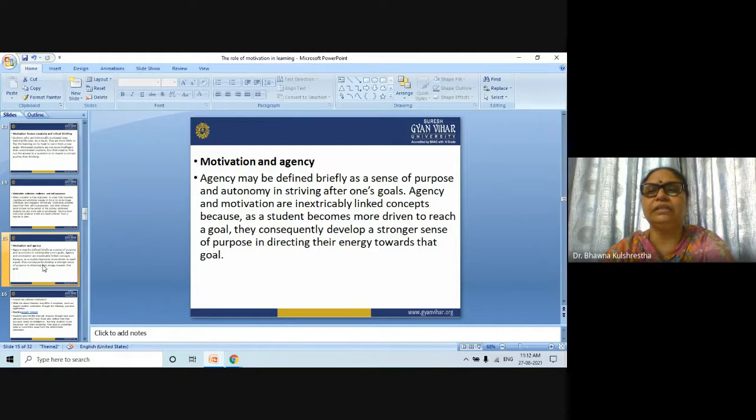And when it comes to educational attainment, highly motivated students find a way to forge their own path and tend to be skeptical of the limitations set by others.